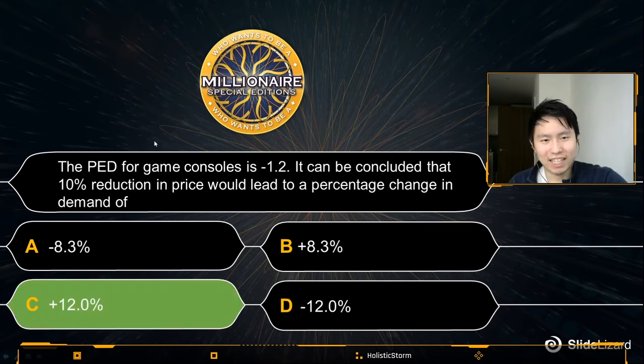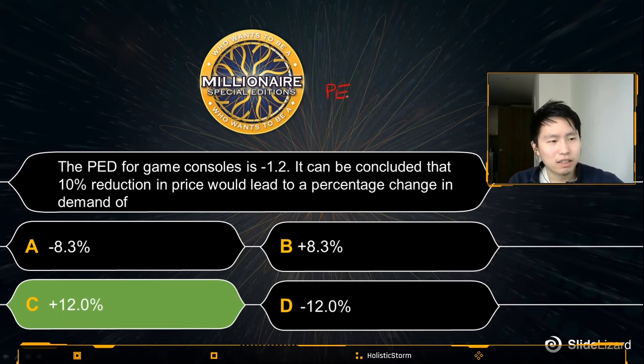Here we got the right answer. So it should be C, plus 12%. So in order to calculate this, again, we just look at the percentage changes and the formula for PED. So let me just write this out here.